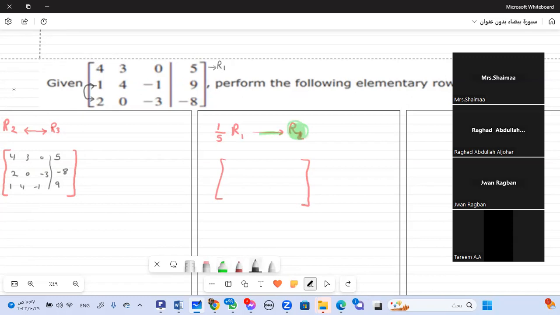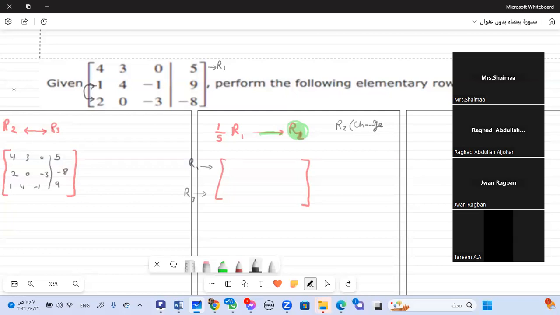So row 2 will be changed, and R1 and R3 keep as it is. So write the first R1 and R3 as they are.